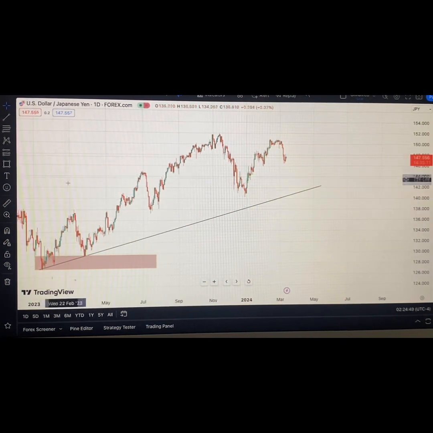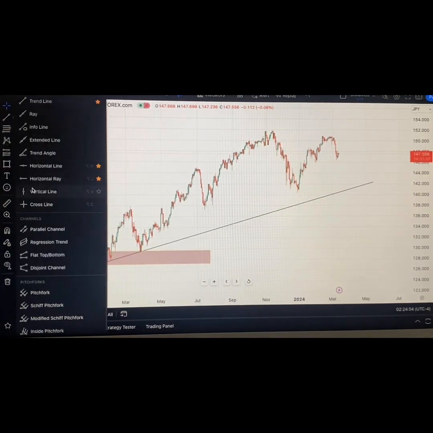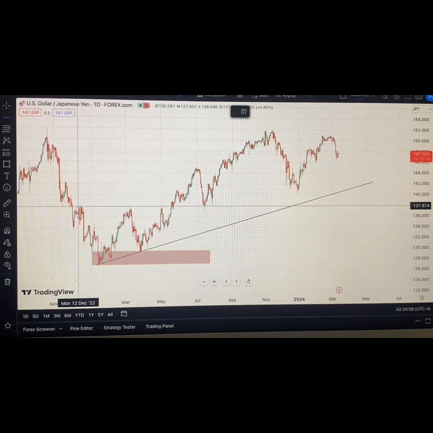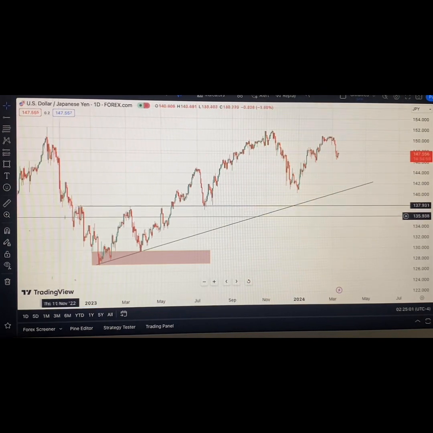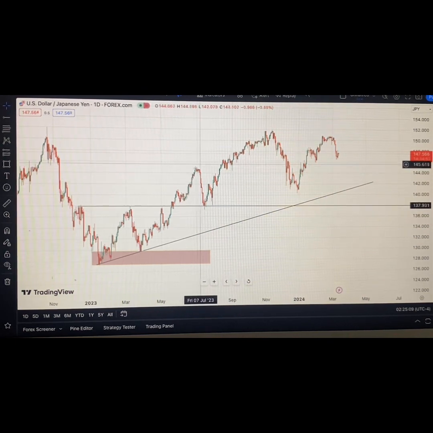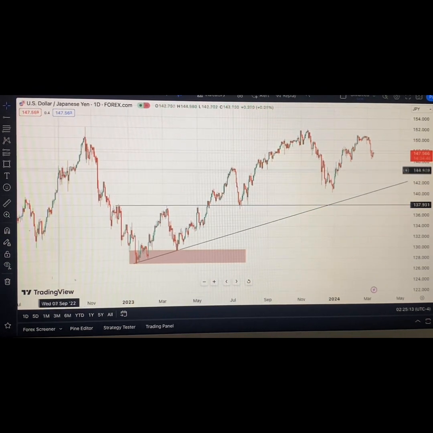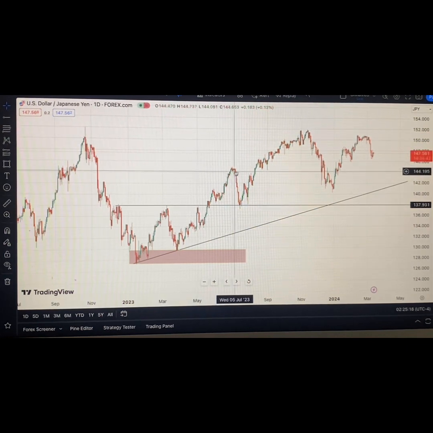Now if you look at this place, you see a resistance zone turn support zone. Resistance, turn support. When market broke this resistance, it pushed up and created a new resistance. And if you look, you see here, there's a resistance zone. So market touched here, came down here and created support.